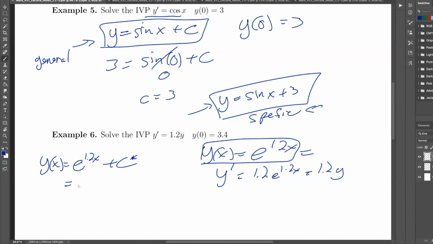Let me do the intermediate step. So we have e to the 1.2x plus C e to the C, right? And I'm going to say that C star is equal to e to the C. And the reason I can say this is given any number, I can tell you what e is to that number, right?